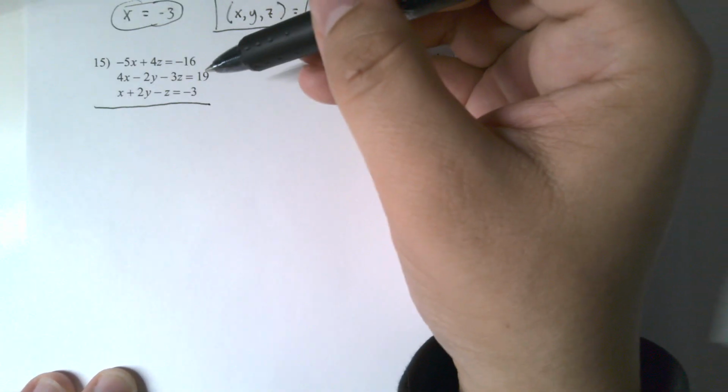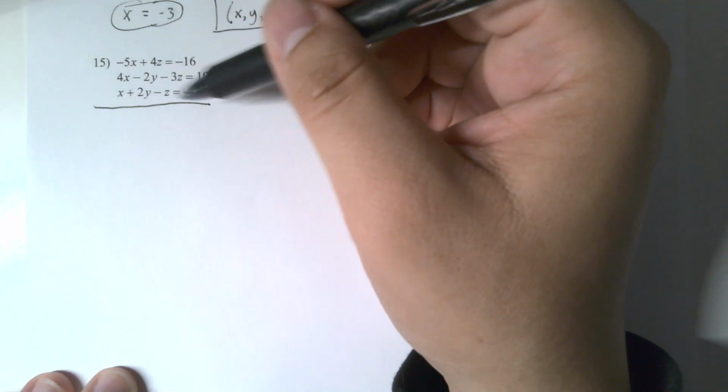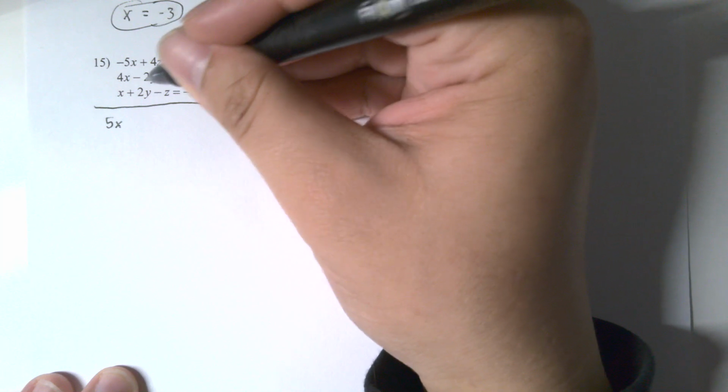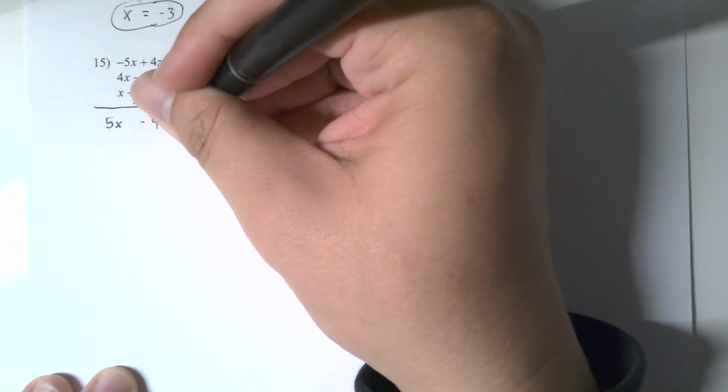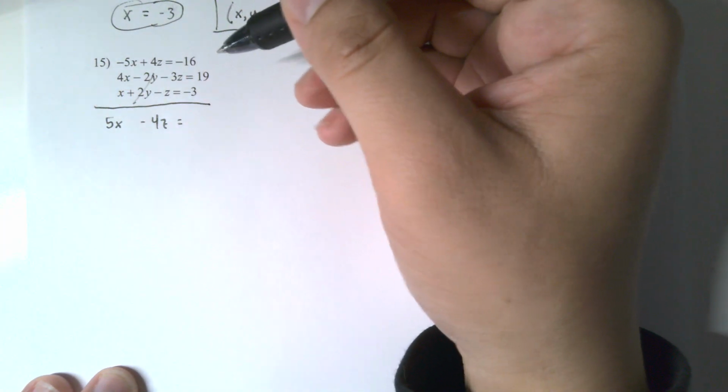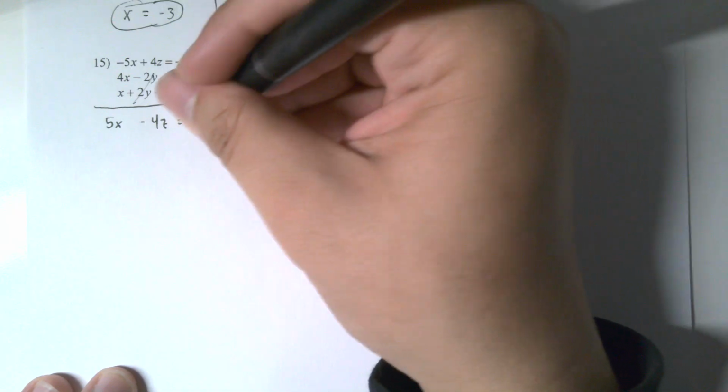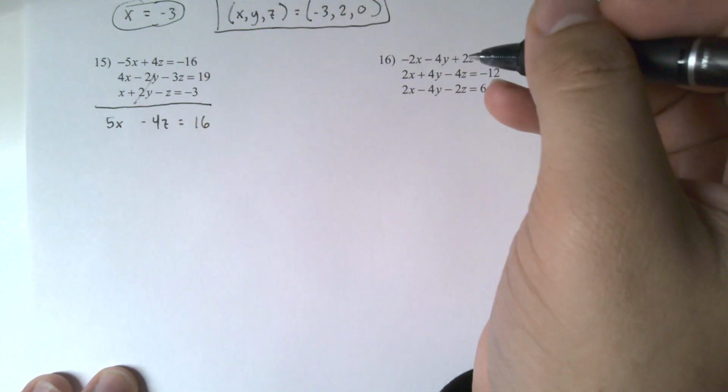So if we just add those two together, I'm not going to rewrite them just because I already have space below them. But if I have 4x plus x, that's going to be 5x. Negative 2y plus 2y is going to go away. And then negative 3z minus z is going to be minus 4z. And then we have 19 minus 3, which is going to be 16.